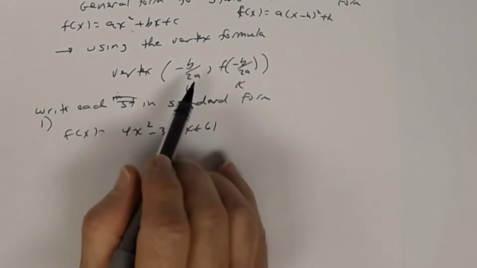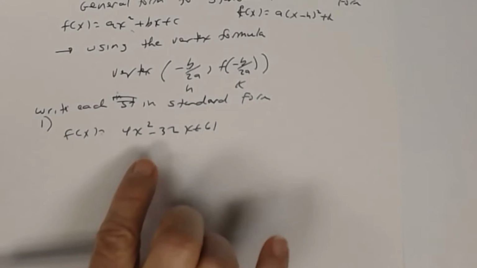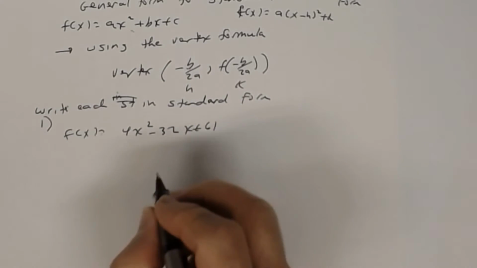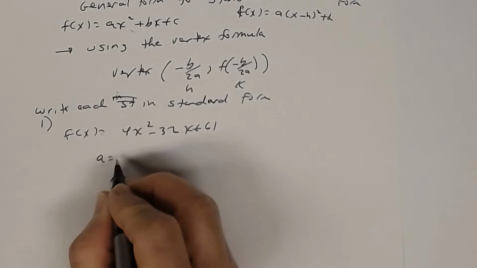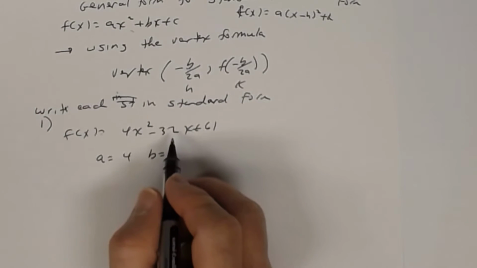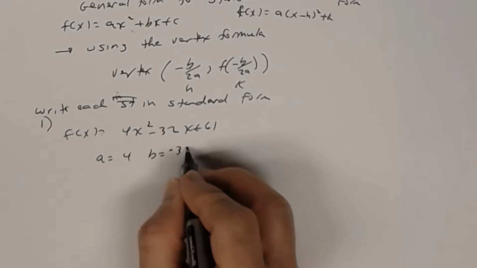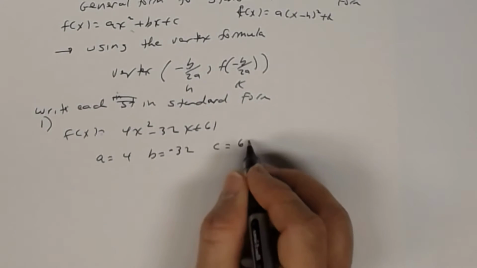Remember, when using the vertex formula, you need to denote what a, b, and c are. This is general form right here. So a is 4. Now be careful, always make sure you write the correct coefficients. b is negative 32, not 32, a negative 32. And c is your constant, so c is 61.